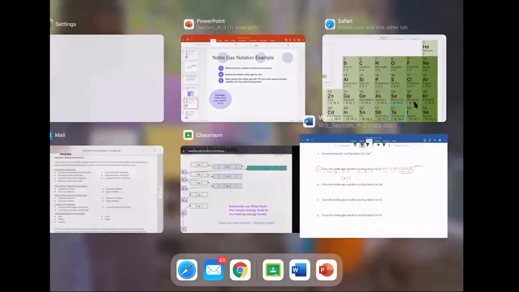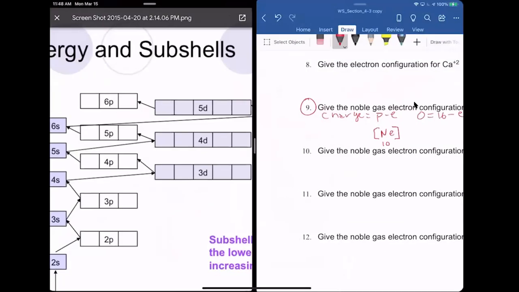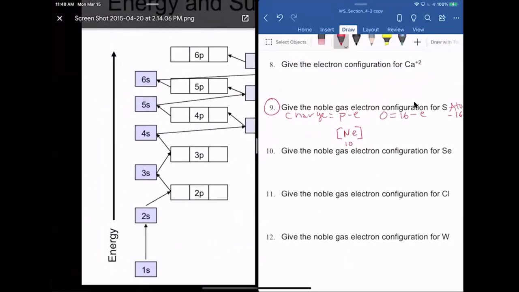Okay, so now we just pick up where neon left off. Remember you count by 2s. So first 1s2 is 2, 4, 6, 8, 10.